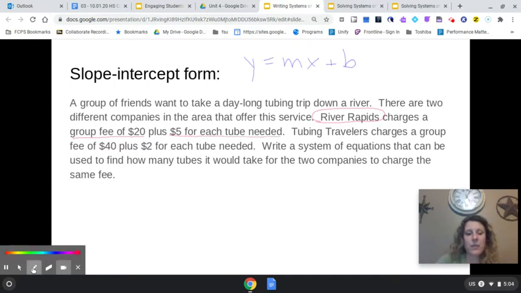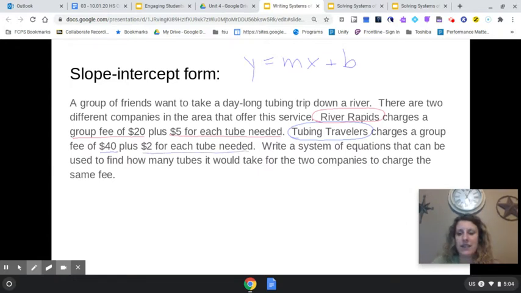Okay, let's switch to Tubing Travelers. Tubing Travelers, I'm going to put in blue. It says that they charge a group fee of $40 plus $2 for each tube needed. Okay, so we need an equation to represent River Rapids, and we need an equation to represent Tubing Travelers.